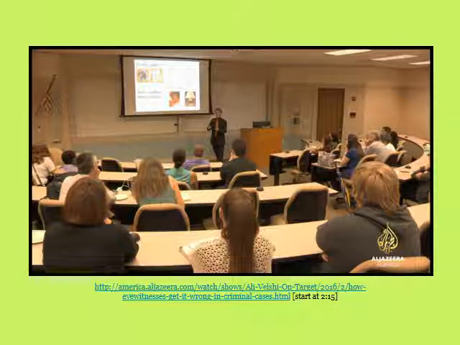Okay, so there you got to hear right from the horse's mouth one of the leading experts on cognitive bias talking about the problem and talking about some possible solutions for it. One of the solutions that Dr. Dror talked about at the end of the video has to do with controlling the flow of information to forensic experts, right?